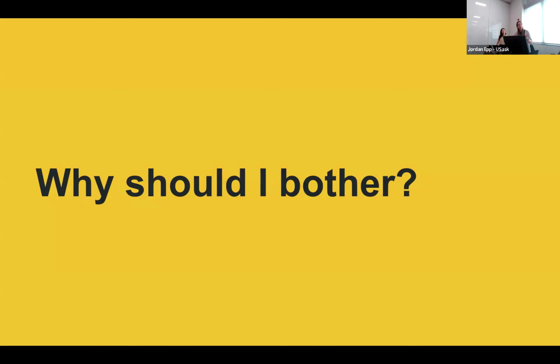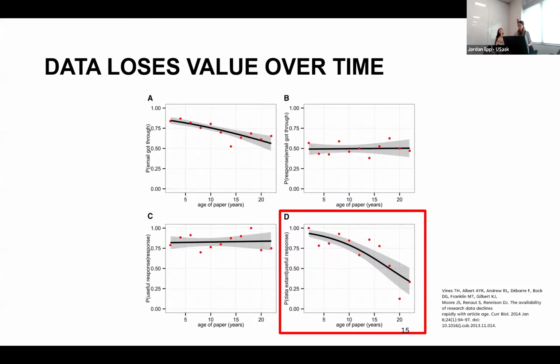So beyond that iceberg example from a few slides back, and before we get into the specifics of RDM, we'll talk about why it's important to do research data management. So one reason that it's important is because research data loses value over time. So this study featured on the slide here looked at a number of publications over a number of years and tried to access the data.